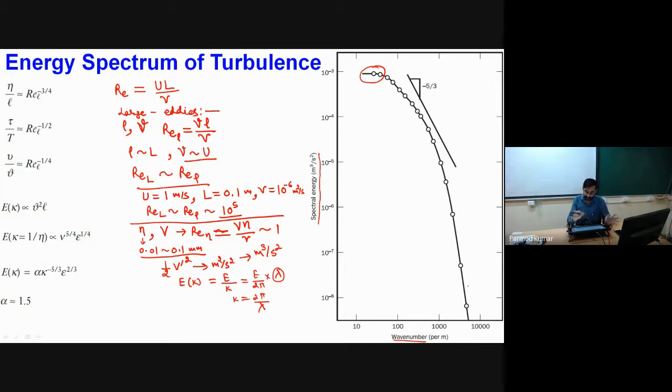This particular association of the energy with the size of the turbulent eddies is known as energy cascade. Okay, so the meaning of energy cascade is larger eddies will be having highest energy, and as the size of eddies decreases, their associated amount of energy will also decrease.